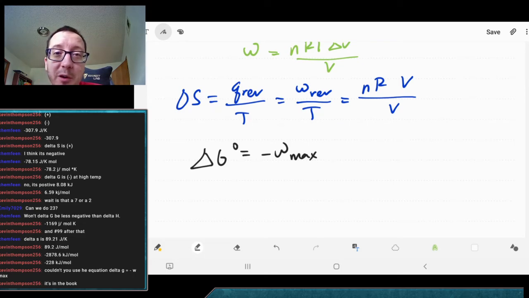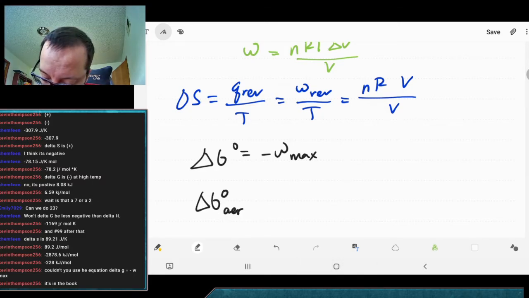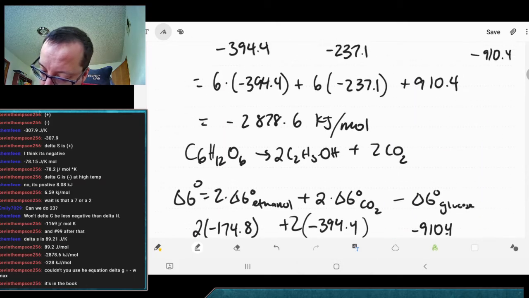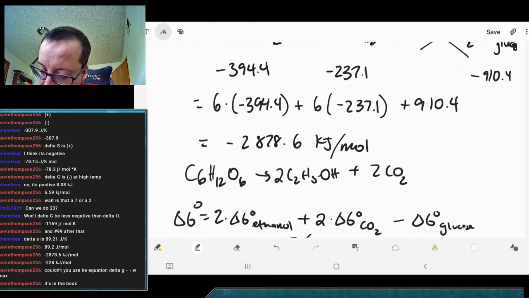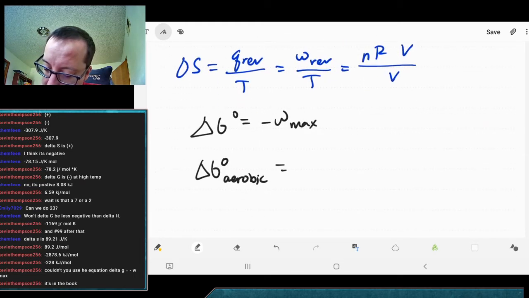So forget all of this hard work that we've had to do with remembering gas laws and thermodynamic equations from chapter 5 and chapter 11. Let's just go ahead and be smart about it. In that case, the delta G that we had calculated for the first one, for the aerobic process, was, here it is, negative 2878 kilojoules per mole.